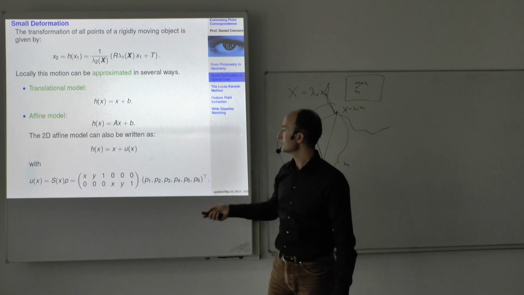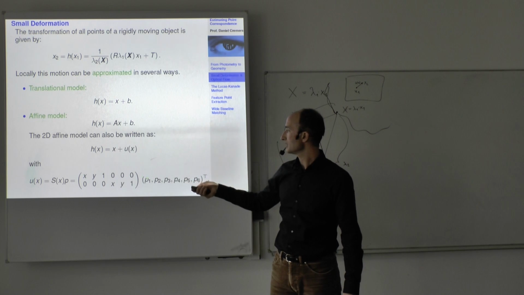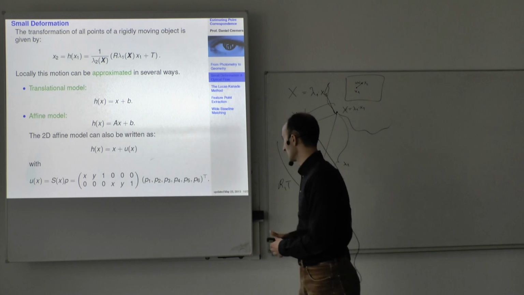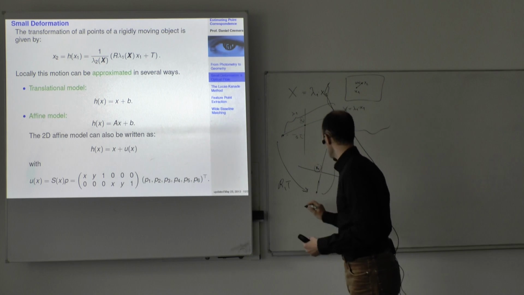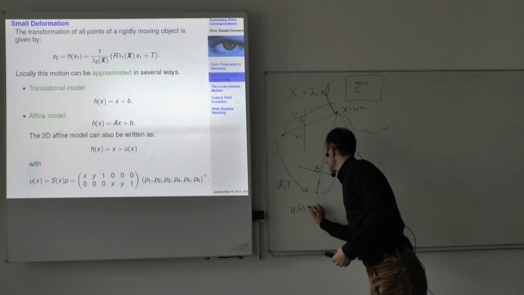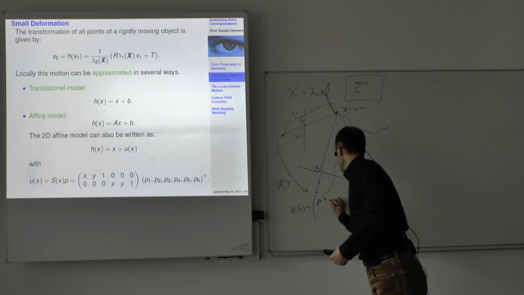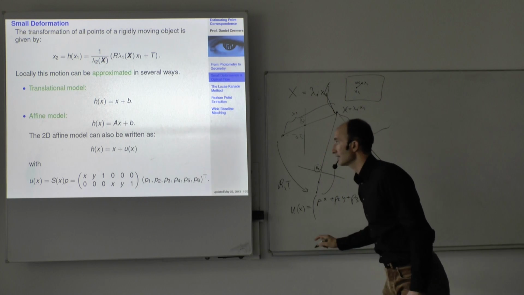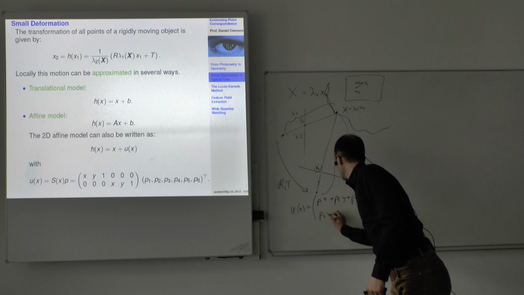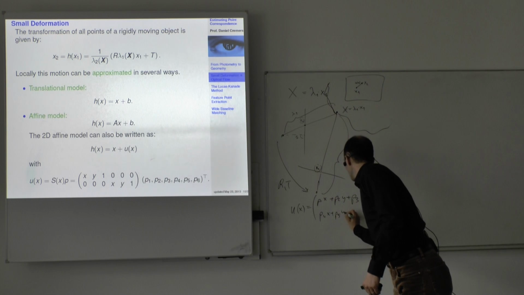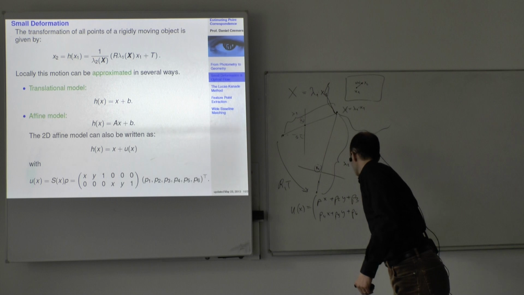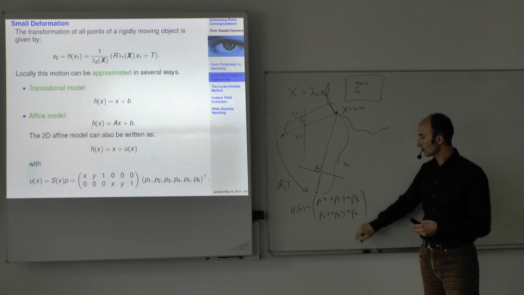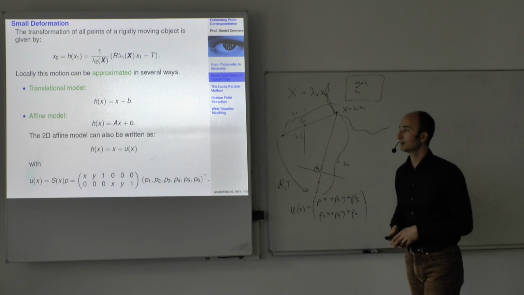The first coordinate is x times p1 plus y times p2 plus p3. So u of x is p1 x plus p2 y plus p3. And the second component is p4 x plus p5 y plus p6. So I have a vector that has 2 components and they are affine in x and y.